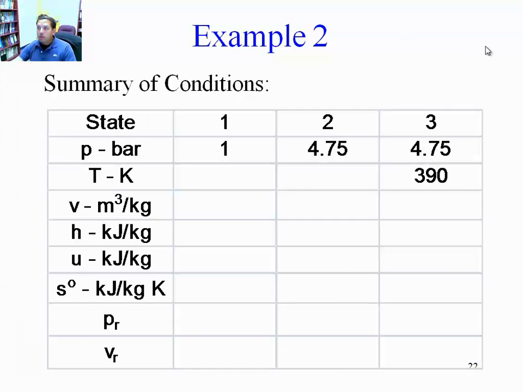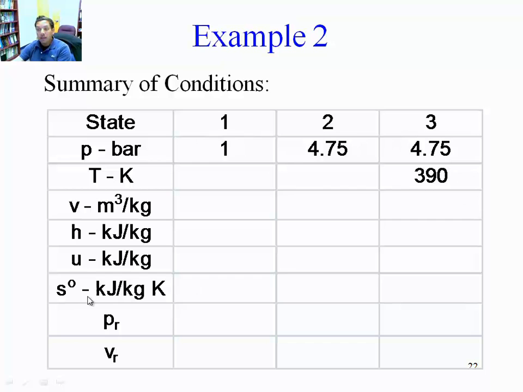So here's the summary of conditions, and we are going to calculate everything there is, regardless of whether we need it or not. What we're given is the pressure of state 1, the pressure of state 2, 4.75, and also the pressure of state 3, 4.75. It's the same. And we're given the temperature at state 3. We are told that from 3 to 1 is an adiabatic and reversible process, so the entropy must be the same.